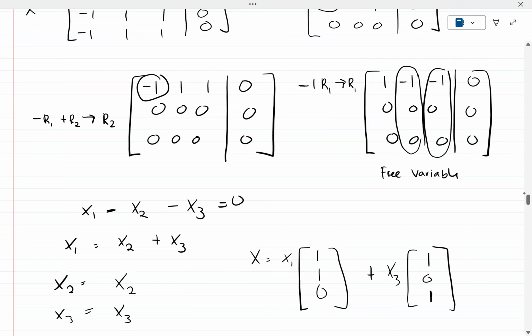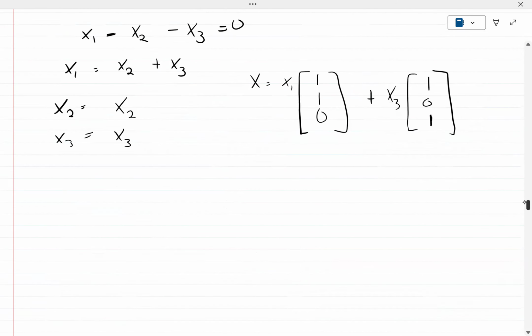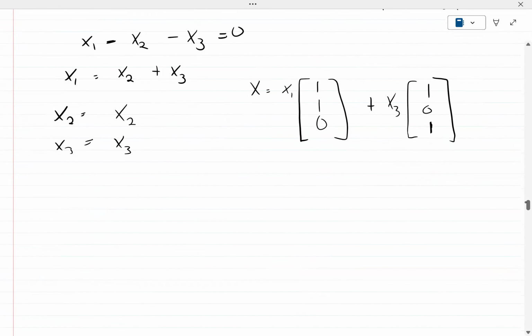So the final answer: my eigenvector is equal to the basis for the eigenspace.